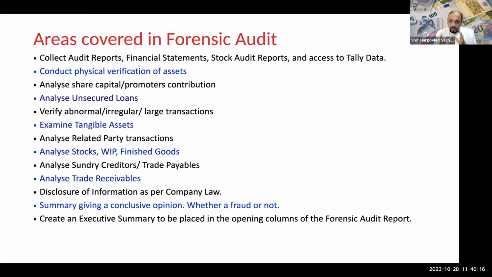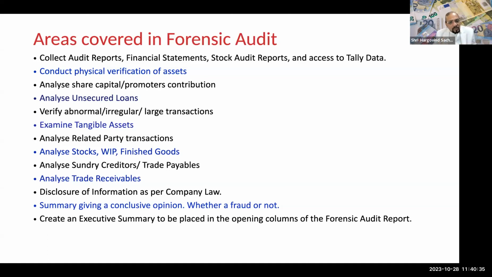See the business premises, conduct physical verification of assets. You have to analyze their share capital, how it has been created, what cheques were given to bring in capital, which accounts were debited, whether promoters' accounts were really debited with those cheques.